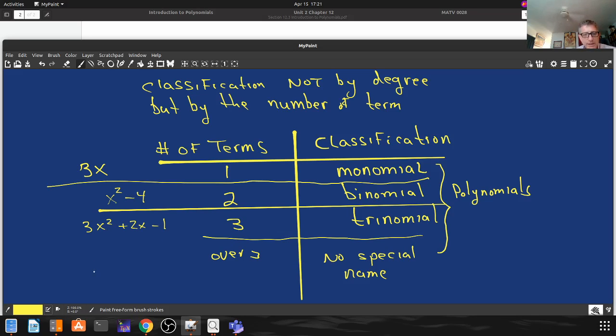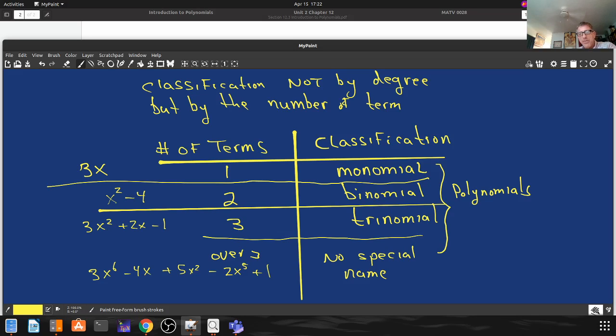Over 3, 3x to the 6 minus 4x plus 5x squared minus 2x to the 5th plus 1. So the only thing that you can say about the degrees is really nothing at all. So this is purely a classification by the number of terms.